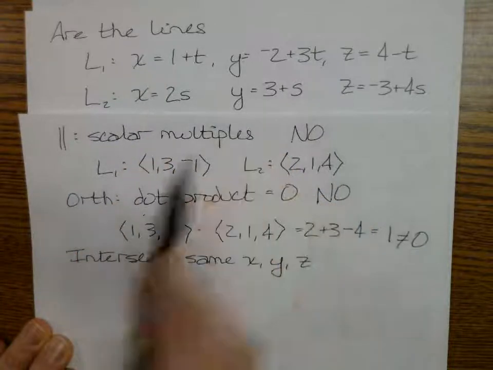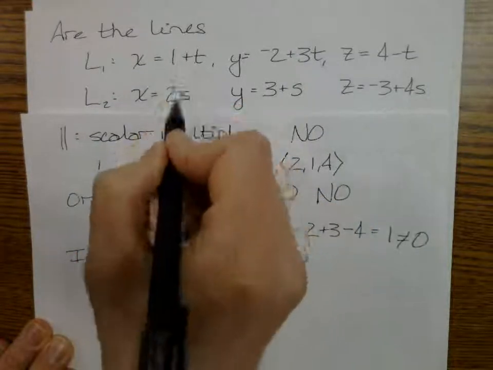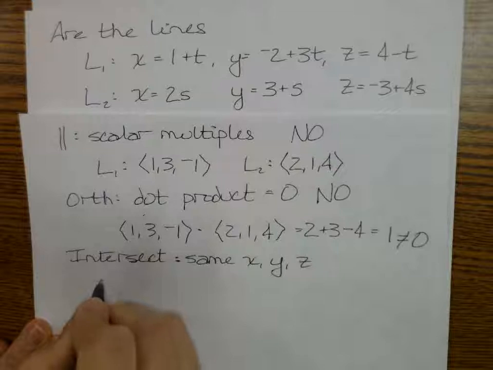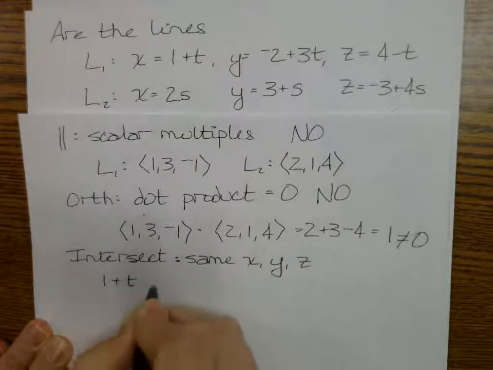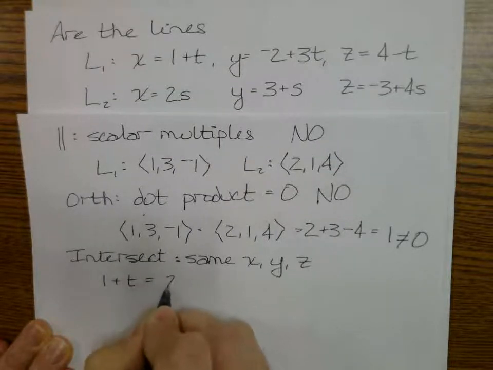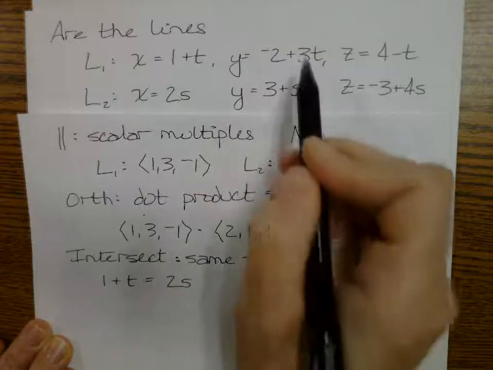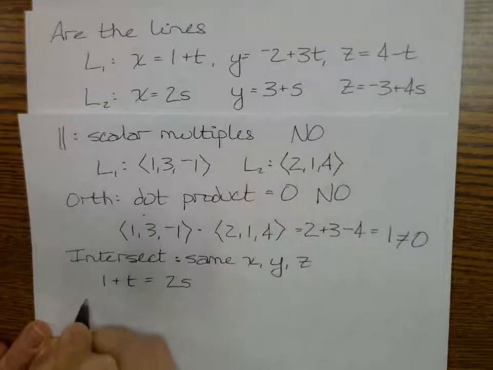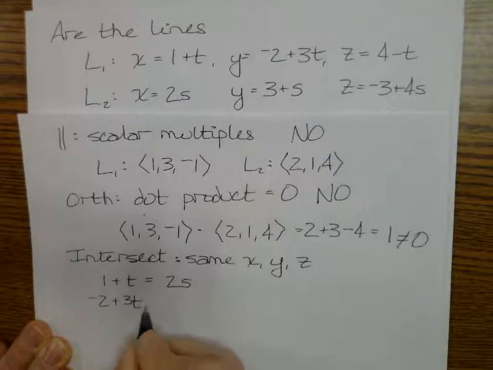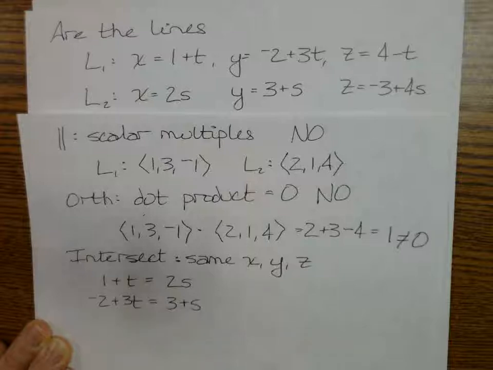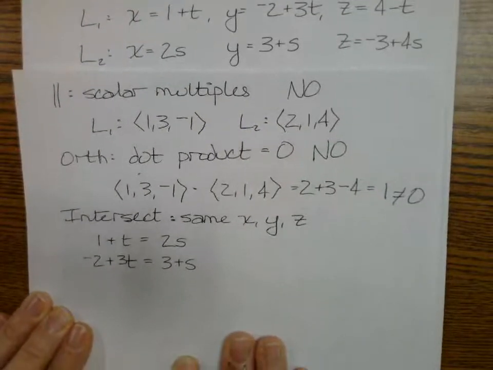Let's start with x and y. If the x coordinates are the same, that means 1 plus t equals 2s. If the y coordinates are the same, that means -2 plus 3t equals 3 plus s. That's a system of equations, two variables.